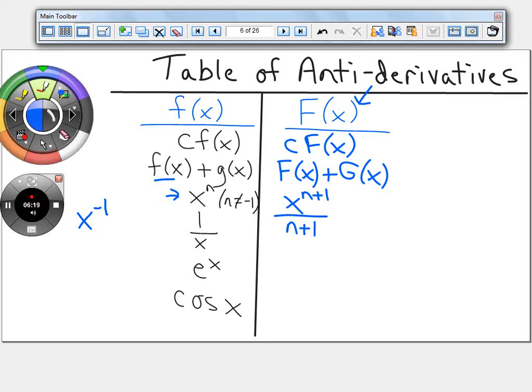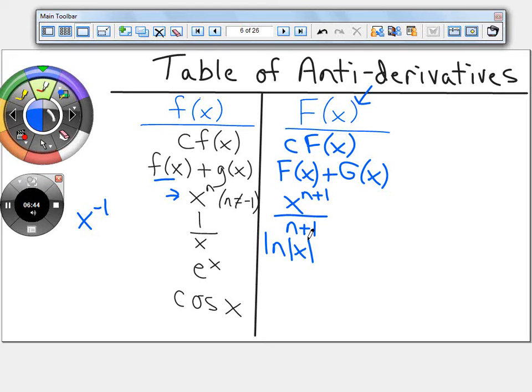So, can you think of a derivative that actually gives us 1 over x? Well, you might remember that that's natural log. It's actually natural log of the absolute value of x. What that does is make sure that the domain is what it needs to be. It needs to be positive, so that guarantees it.